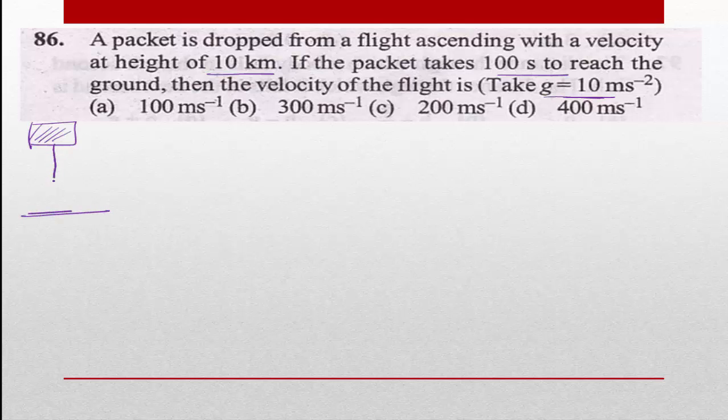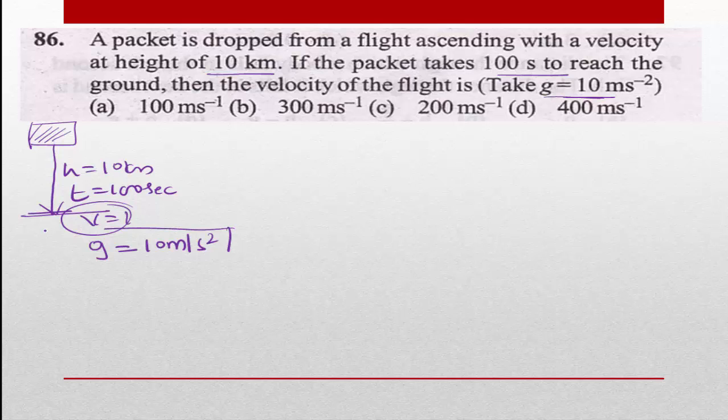The height is h equal to 10 km. It takes 100 seconds, that is t equal to 100 seconds, to reach the ground. The velocity of the flight is to be calculated, and the acceleration due to gravity is g equal to 10 meter per second square.